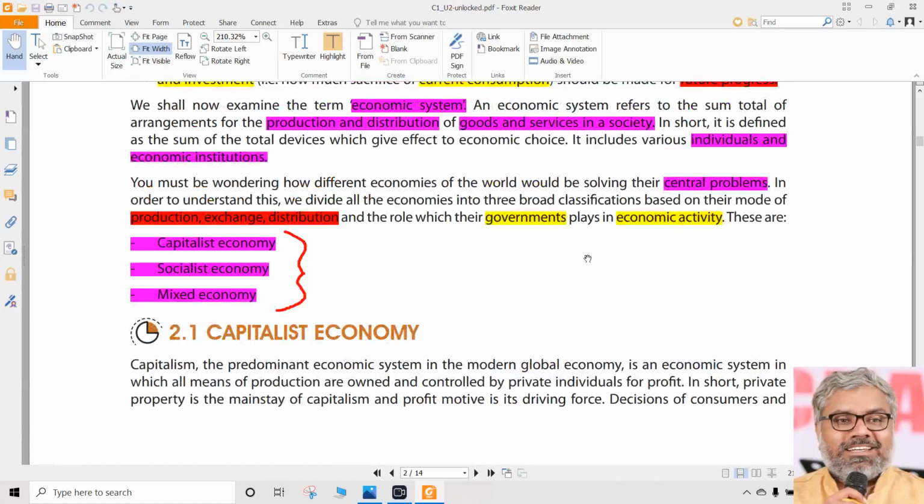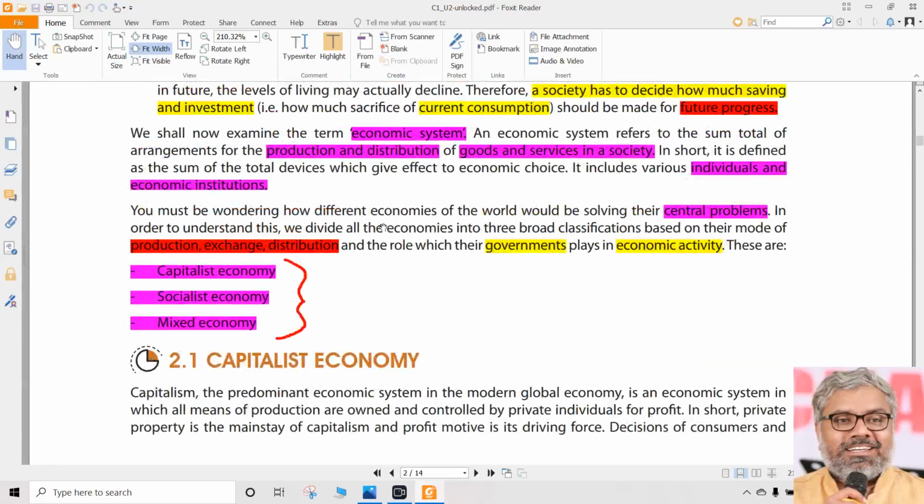And of course, as we already discussed, every economic system, irrespective of the nature, name, or whatever it may be, ultimately depends upon the address of two core things. One is production, second one is distribution.